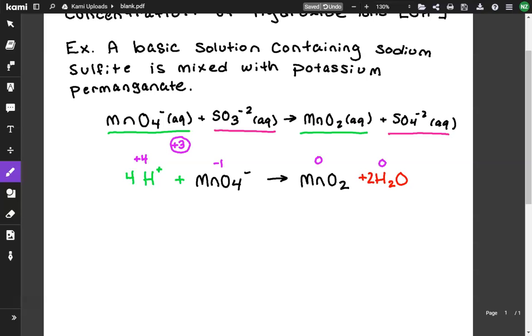There's no charge on either of those, so the total charge on the right side would be 0. So I've got plus 3 on the left and 0 on the right. Remember, electrons are a minus 1. I want the two sides to match. How many electrons do I need to put, and which side do they need to go on, Angeli? Left side, 3. Good. So we're going to add 3 electrons here. Good, so that one's done.